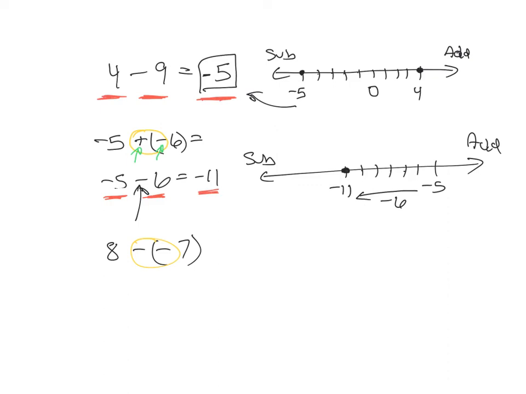So again, I think of it, if I subtracted something negative, if I took something negative from you, is that good or bad? Well, if I took something negative, that would be good for you. So we change to positive. And then it just ends up being 8 plus 7 is 15. Okay?